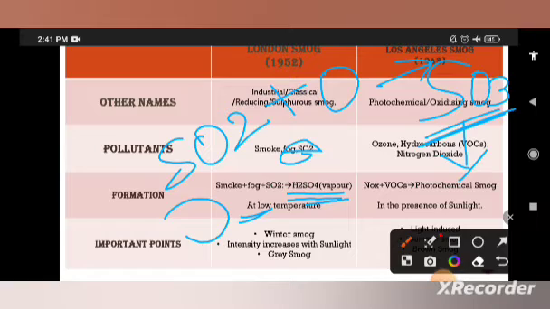That's why it is also known as winter smog, and the intensity of formation of sulfurous smog increases with sunlight, because as sunlight increases, the intensity of formation of SO3 also increases. So more sulfuric acid is formed. This sulfurous smog makes the color of the atmosphere grey. That's why it's also known as grey smog.